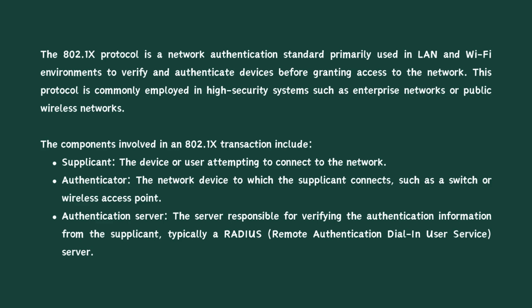The components involved in an 802.1x transaction include supplicant, the device or user attempting to connect to the network. Authenticator, the network device to which the supplicant connects, such as a switch or wireless access point. Authentication server, the server responsible for verifying the authentication information from the supplicant, typically a RADIUS, Remote Authentication Dial-In User Service server.